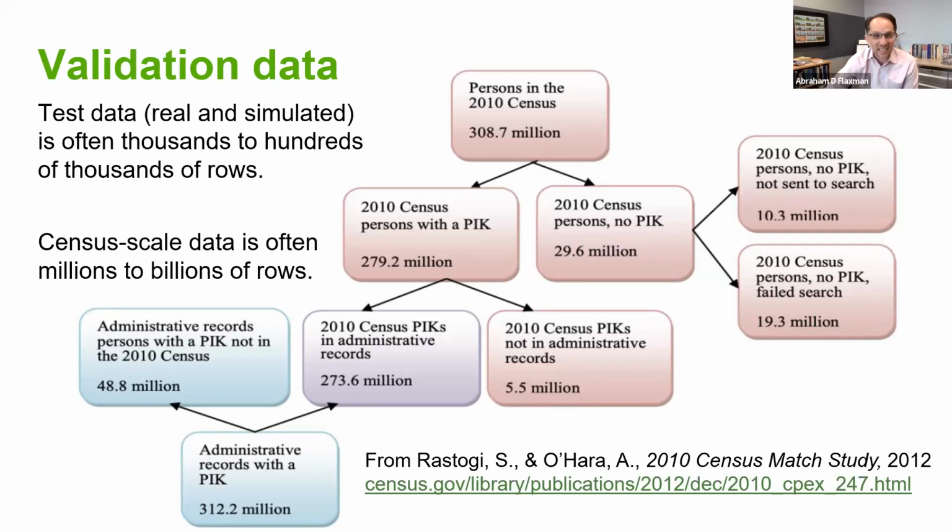We're not in the thousands or tens or even hundreds of thousands of range like we had on the last slide. We're in the hundreds of millions, or even once you've done the easy stuff, still in the tens and 30s of millions of records that we need to link.